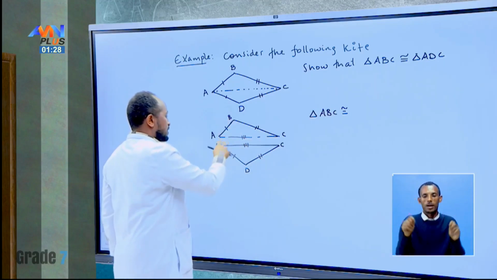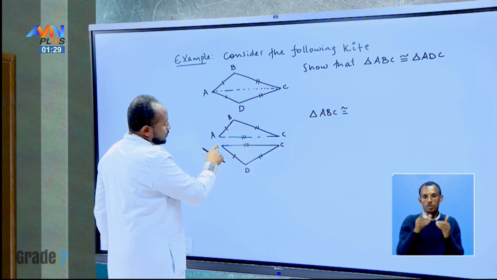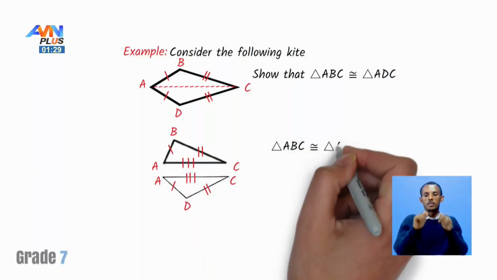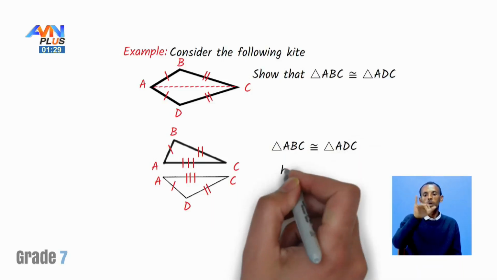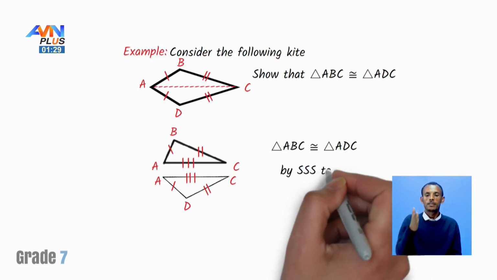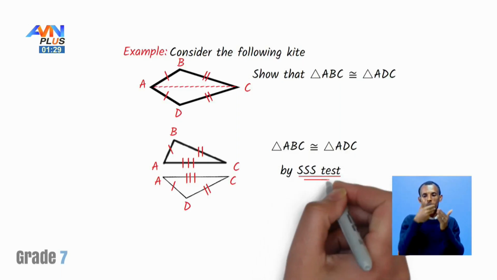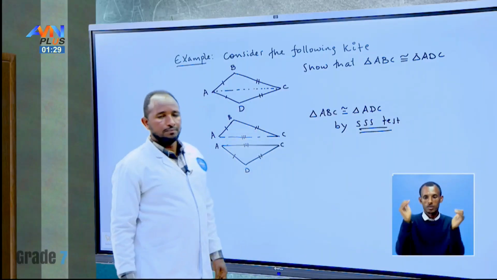AB, this one is AD, BC is congruent with DC, therefore it's congruent to triangle ADC by side congruency test. That's it. Now let's proceed to the next congruency test.